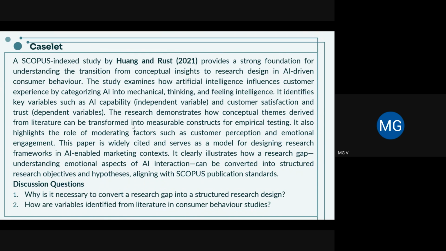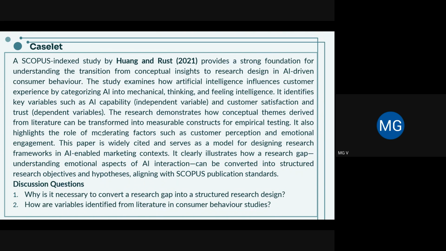So now the question arises, why is it necessary to convert a research gap into a structured design? Anyone who would like to answer based on the caselet? A research gap alone is descriptive. Research design converts it into measurable and testable components required for empirical studies.